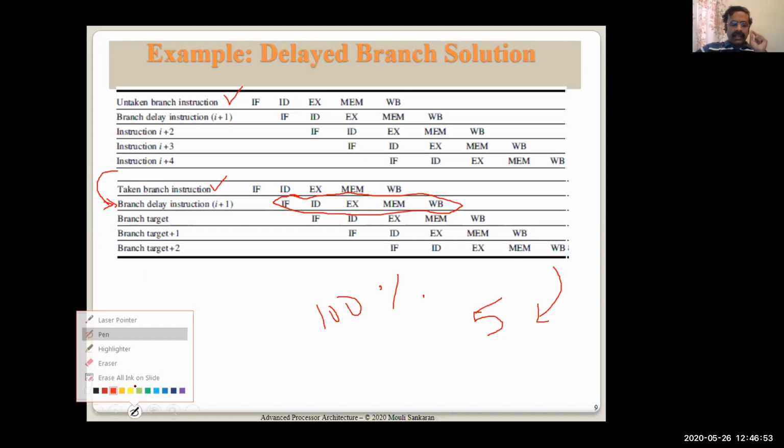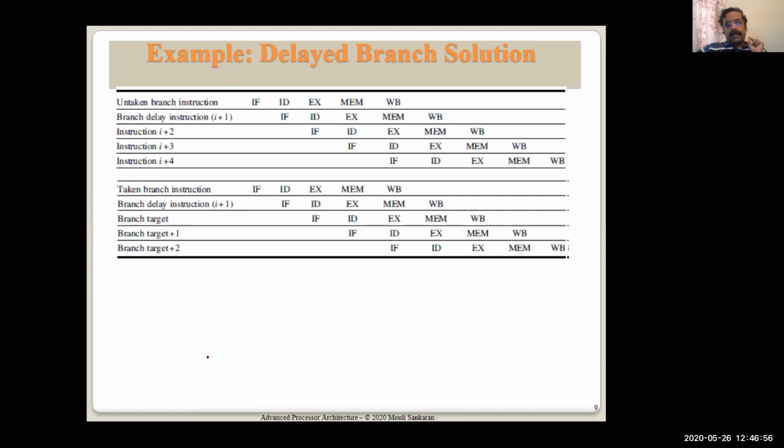Now, nothing comes free of cost in the world. Don't think that I can do it very easily. First of all, if the compiler is generating assembly code, or if it is an assembly program somebody has written, the assembler has to do this job. Mostly it is done at the compiler level.